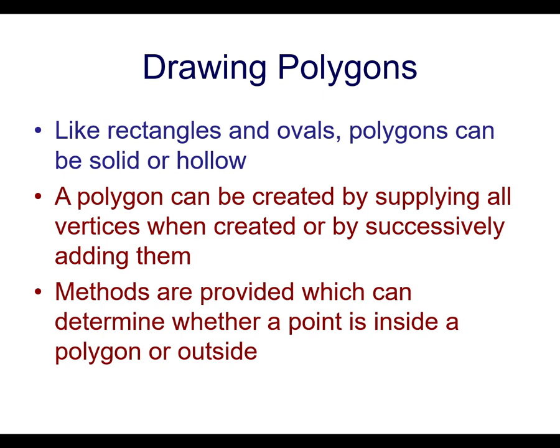To draw a hollow one, we call drawPolygon. The vertices of the polygon can be specified in two ways. A polygon can be created by supplying all the vertices when it is created, or by starting with an empty polygon and successively adding them. In our example, we will use the second technique.